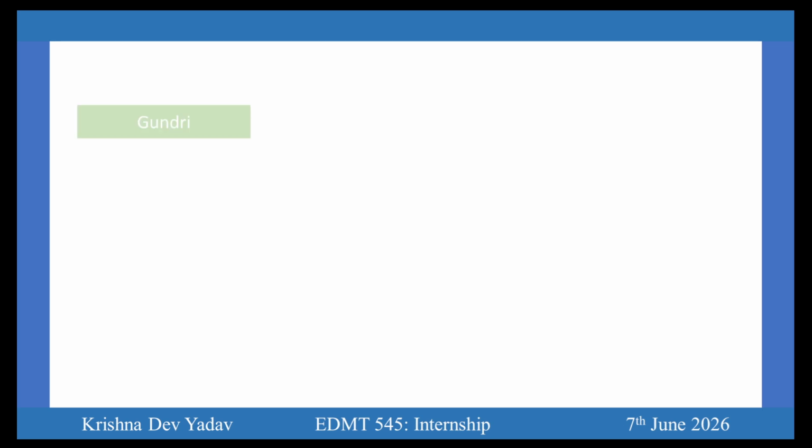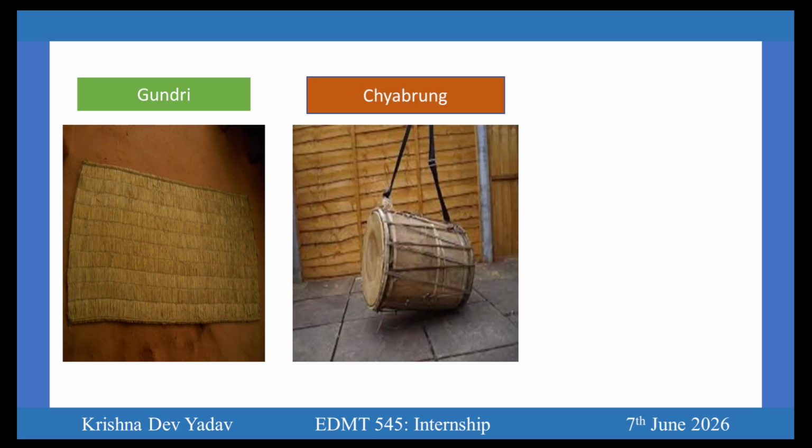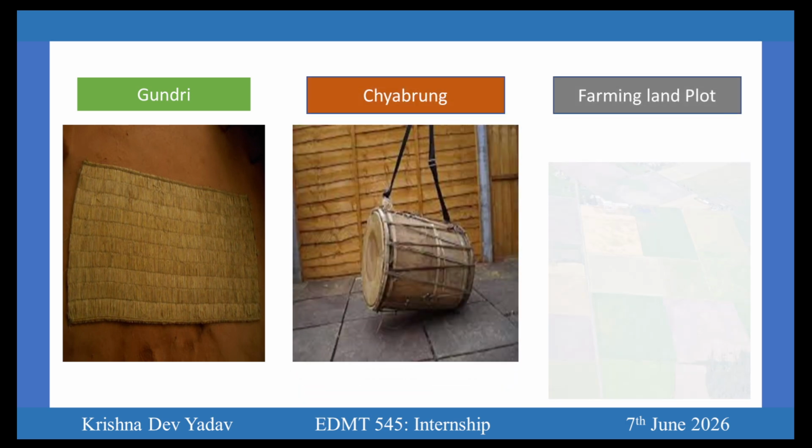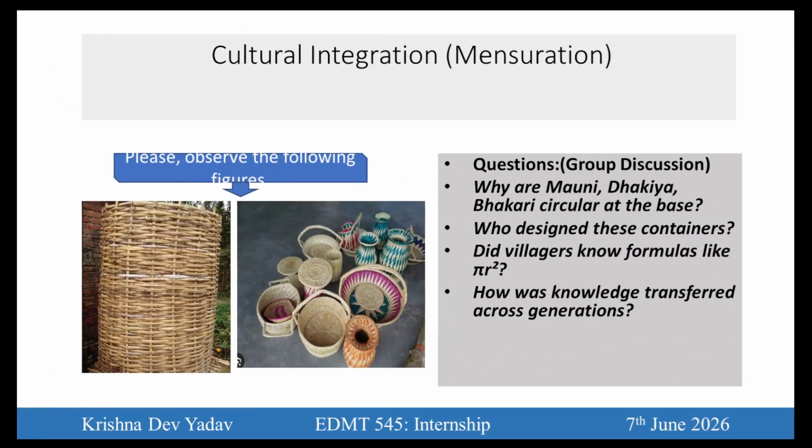Here are some more cultural examples, such as gundri, farming lanes, plots, and chambron. This shows that mathematics exists everywhere around us. For example, farmers use geometry while dividing land, and traditional musical instruments also have geometric shapes.